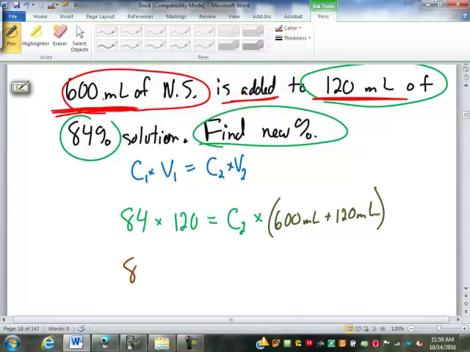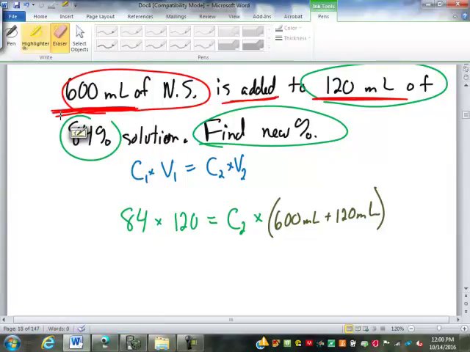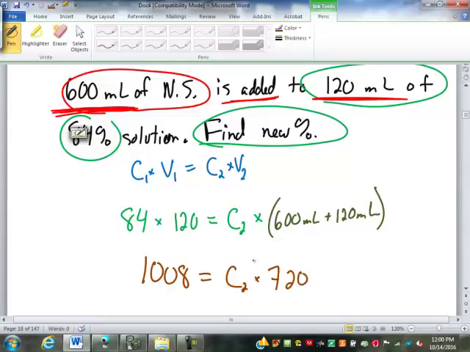So I'm going to combine here the 84 times 12. It's 1,008. On the other side over here, we have 600 plus 120 is 720. So now to solve for C, we're going to divide by 720.